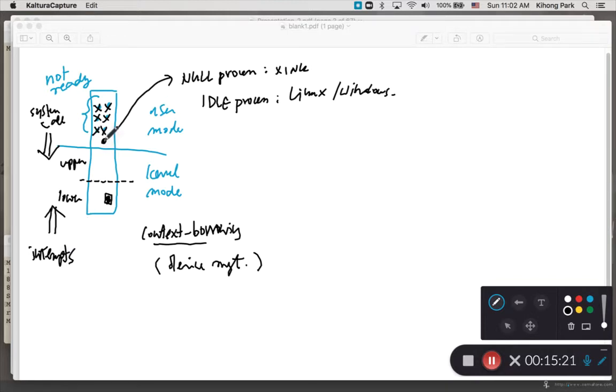There's some process running. If no other processes are ready, it's this null process in Xinu that runs, or this idle process that runs in the case of Linux and Windows. And we are going to temporarily cease running its instructions and branch to this code.